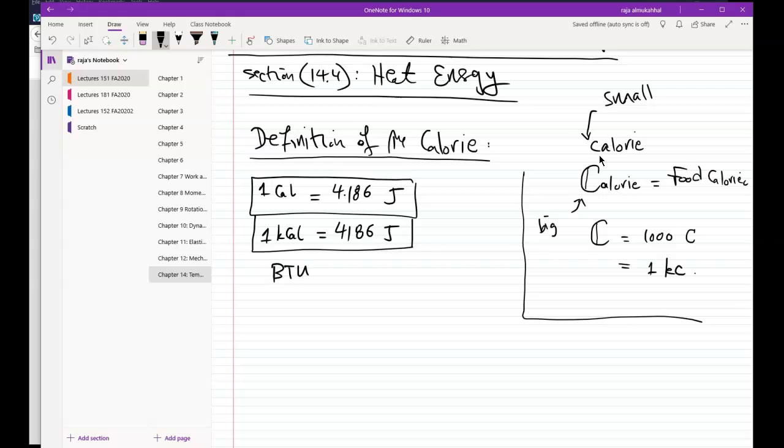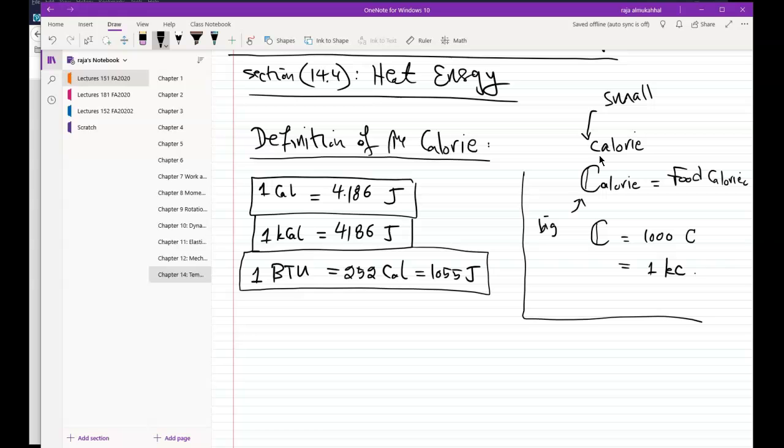BTU stands for British Thermal Unit, and 1 BTU is equal to 252 calories, or 1,055 joule. Again, we're probably not going to see it at all, but just be familiar with it, because you see it a lot when you buy household items that give off heat.